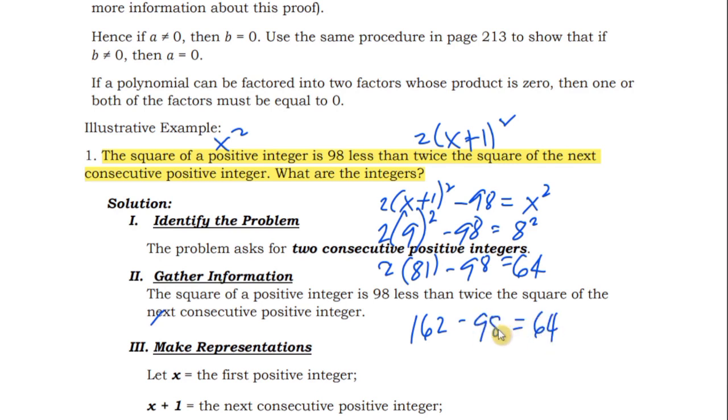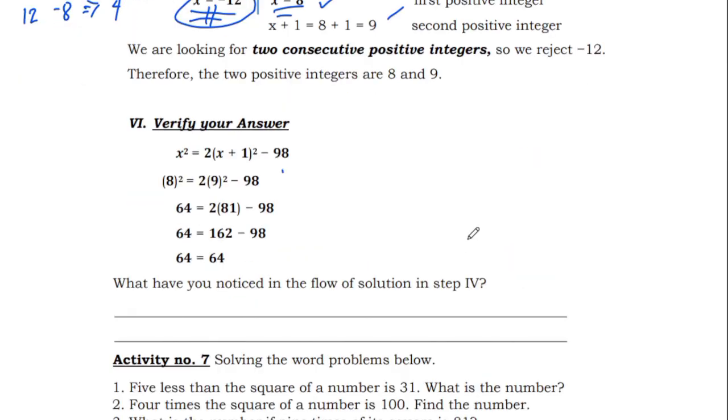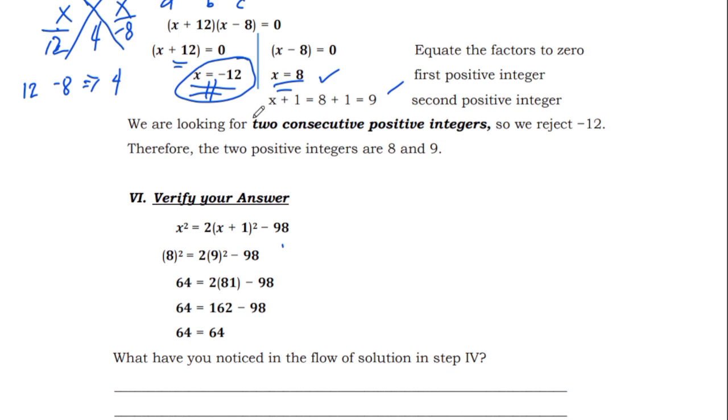Therefore 64 equals 64, as we verify the equation. So we can now claim that the answer we are looking for is 8 and 9.